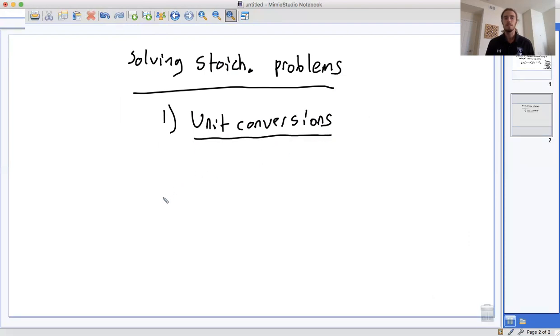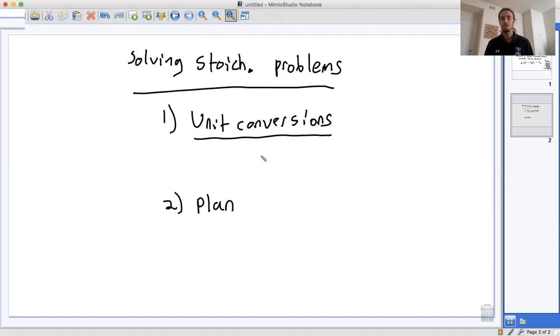And two, you've got to plan. You've got to plan how you're going to get from whatever information is given to you to the finish line, to whatever they're asking for.